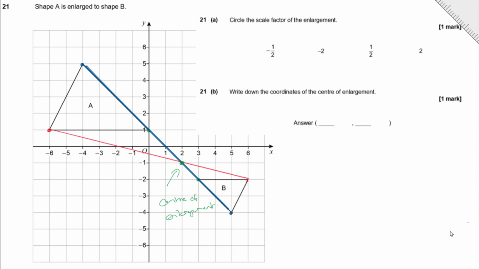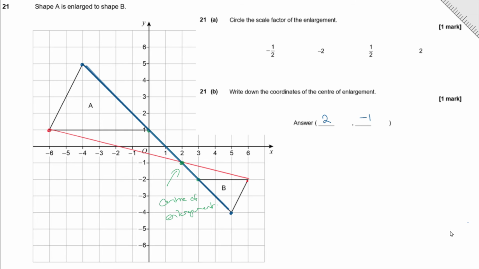So what is the center of enlargement? It is the coordinate (2, -1). So answering B first. Now to work out the scale factor, you can measure the distance between your object and the center of enlargement and compare it to the distance from the center of enlargement to your image.